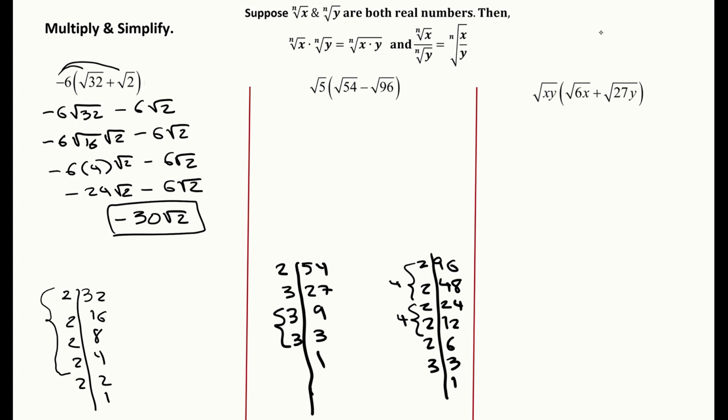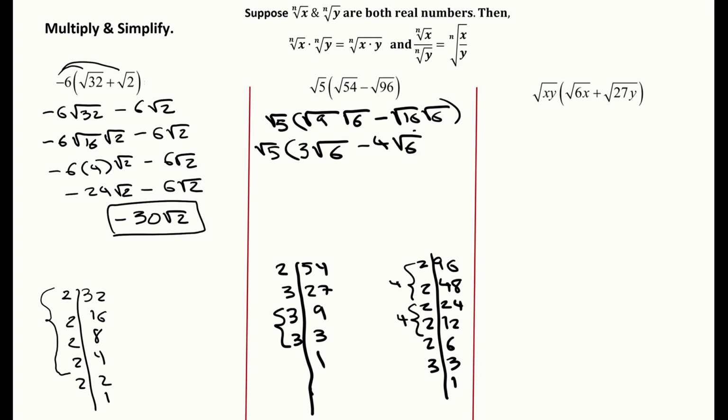So we'll go ahead and rewrite as square root of 5 times, instead of square root of 54, we can write the square root of 9 times the square root of 6. And instead of square root of 96, we can write the square root of 16 times the square root of 6. So now we have square root of 5 times 3 radical 6 minus 4 radical 6.